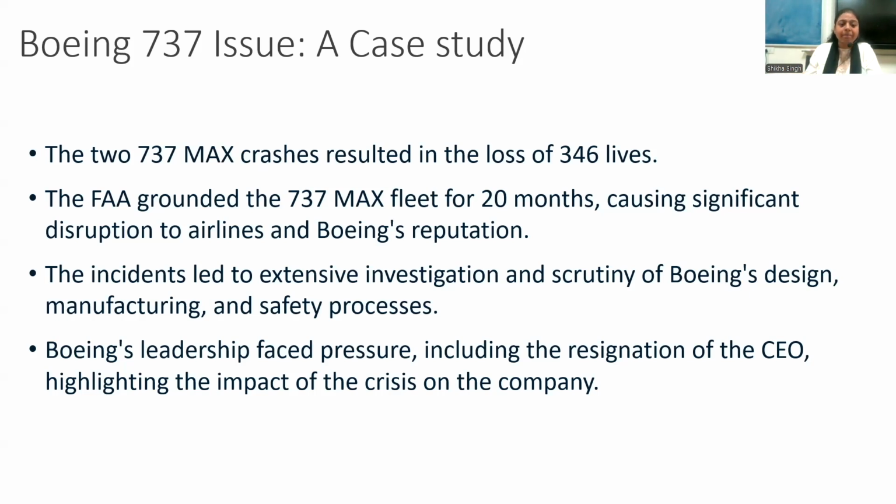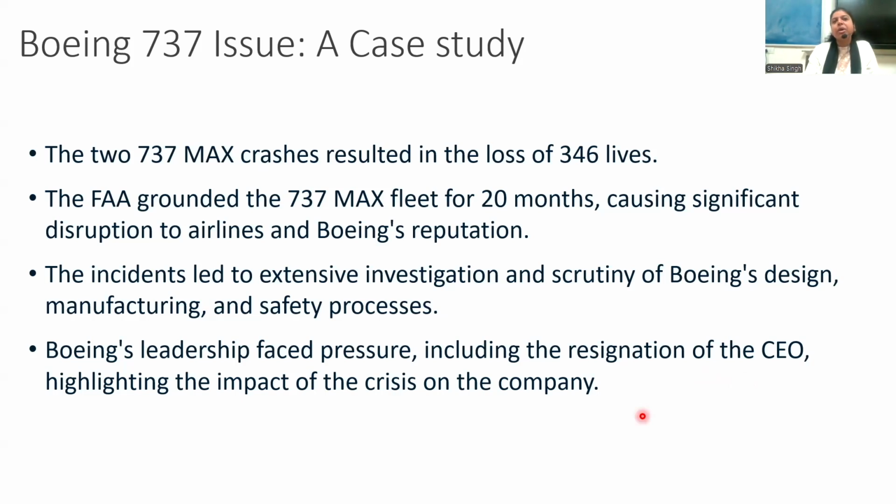So you see, the incidents led to extensive investigation and scrutiny of Boeing's design, manufacturing, and safety processes. After this, detailed discussions and investigations happened. Boeing's leadership faced pressure, including the resignation of the CEO, and multiple other things happened at Boeing because of this fatal accident.